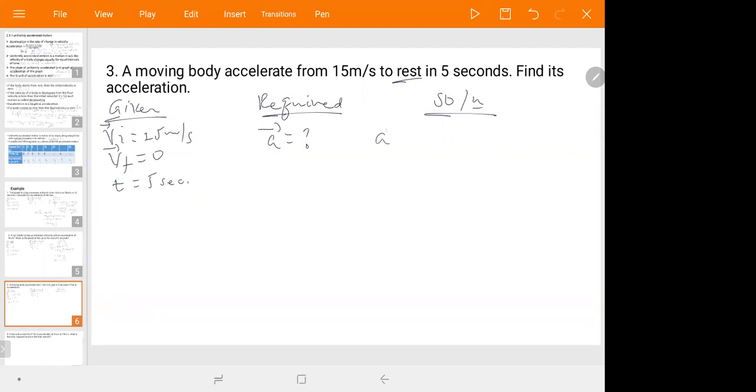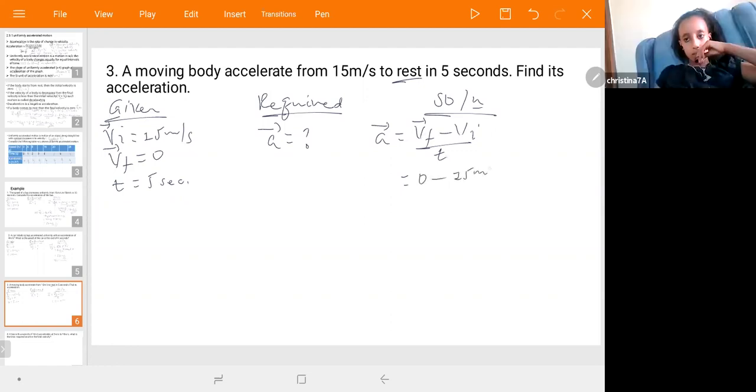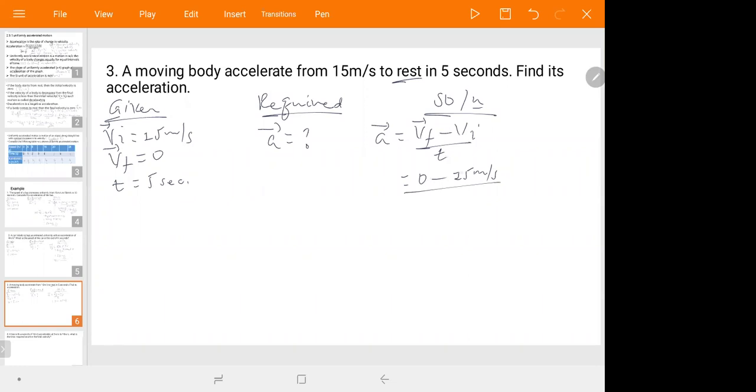Look, acceleration is equal to final minus initial over time taken. Your final is 0 already. So 0 minus 15 meters per second, divided by 5 seconds.